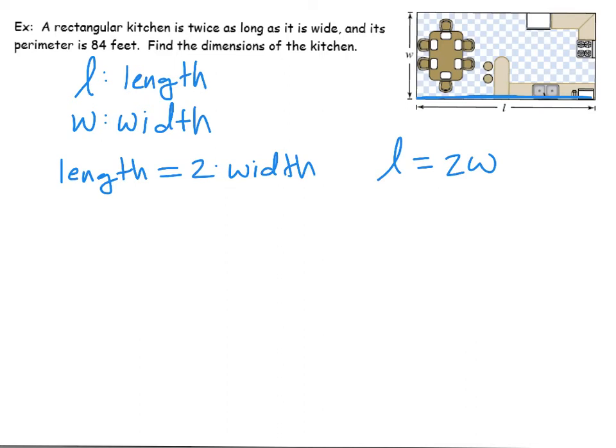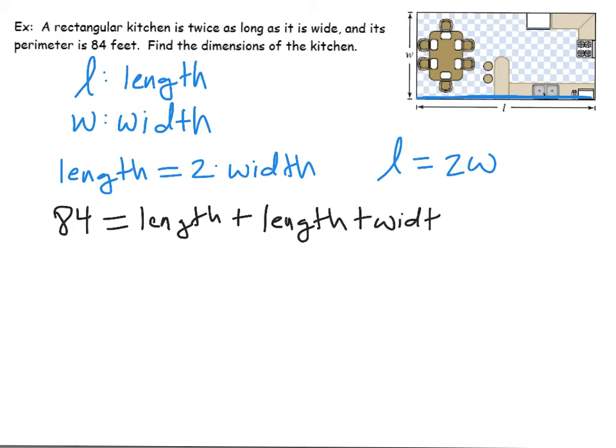Now I have to use this piece about the perimeter, which it said is 84. From what I know about perimeter, it's the distance around the entire two-dimensional space. In this case, it's a rectangular kitchen. So that's length plus width plus width.